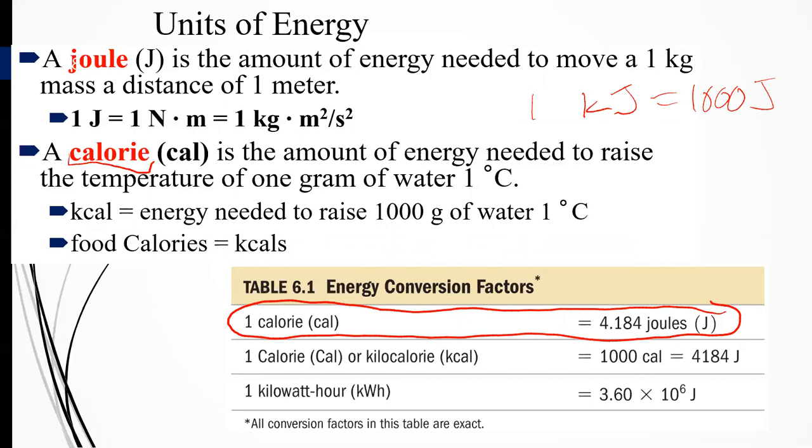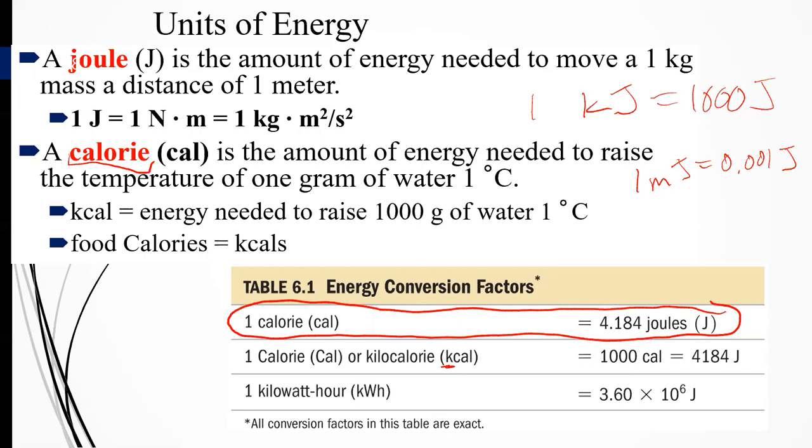You could also do a small m, 1 millijoule, and that would be 0.001 joules, a lot smaller than a joule. And so we can use a lot of different prefixes there. Calories can do the same thing, where we can put a k in front of it and it can become a kilocalorie. We could put an m in front of it, become a millicalorie, right? And so all those prefixes, the reason why we needed to memorize them is because we can still be using them for a variety of things.